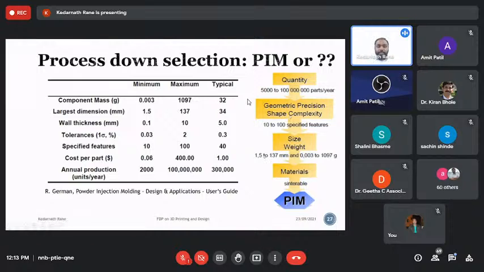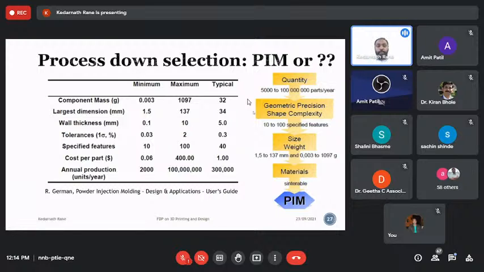So considering this limitation, we must say that in today's era of mass customization, as well as flexible manufacturing approaches, we cannot use this kind of PIM process for producing parts for various applications.